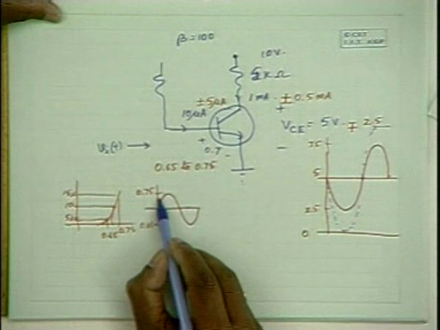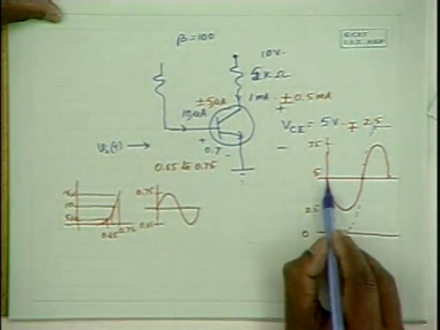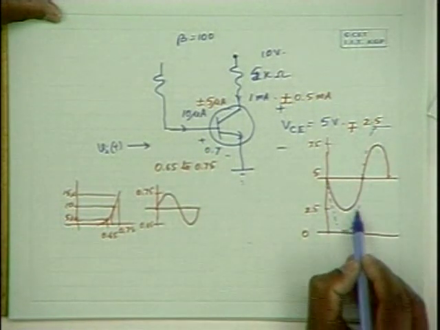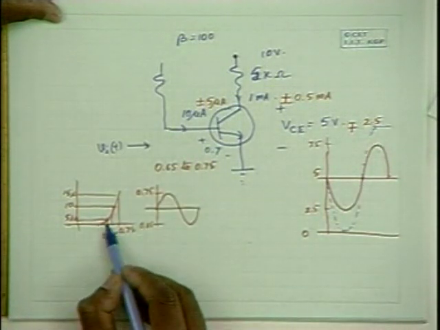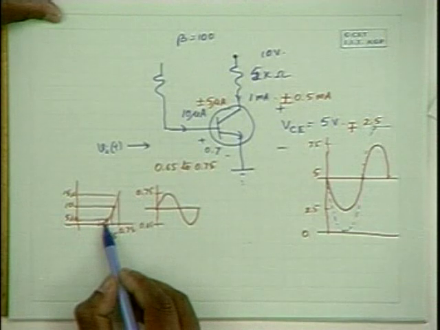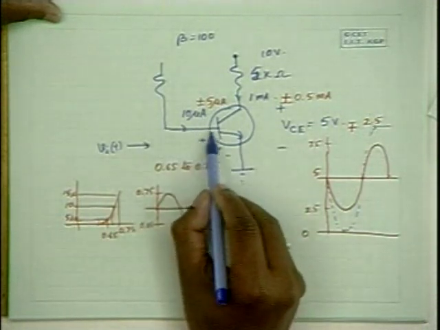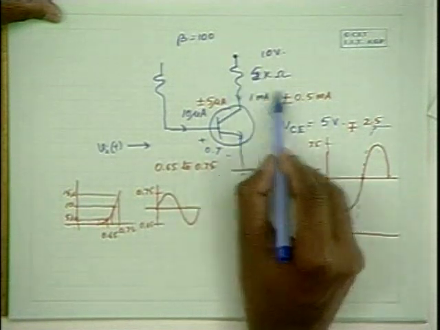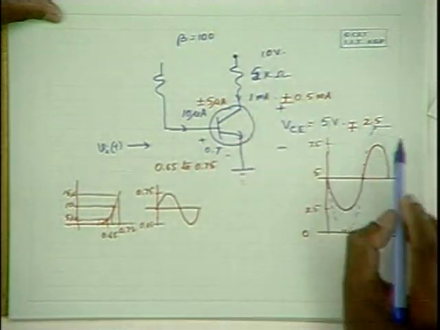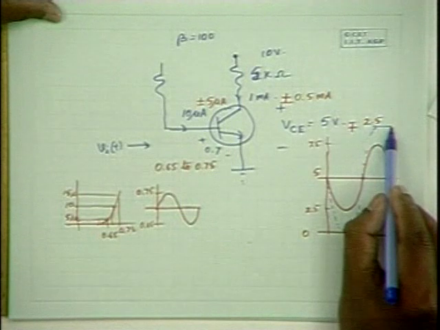So if this input voltage is too high, you will have distortion occurring here, and if this input voltage is too low, the base current may be 0, therefore the collector current would be 0, and the output voltage will be fixed at 10 volts itself. So the output will be distorted at 10 volts.